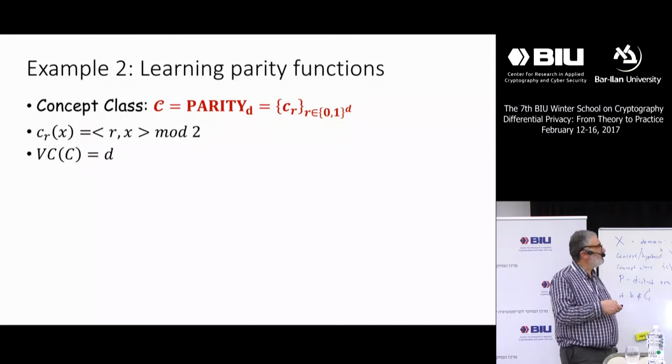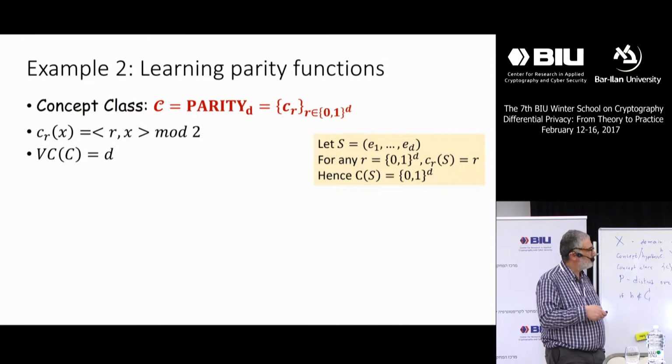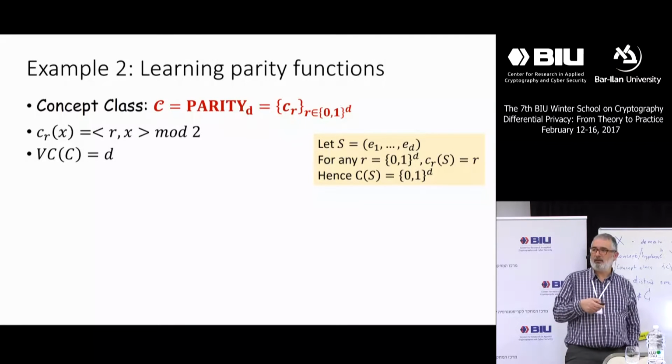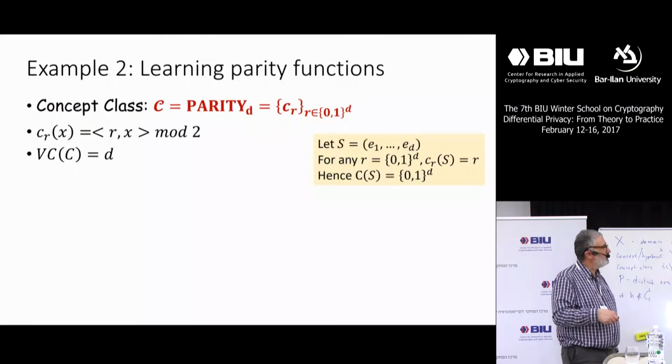The VC dimension of this concept class is D, and let's see why. It's not more than D, because this concept class is of size 2 to the D, and when we take the logarithm, we get D. Okay, so I only need to show that there exists a set such that we can get all 2 to the D different labelings, all the dichotomies.